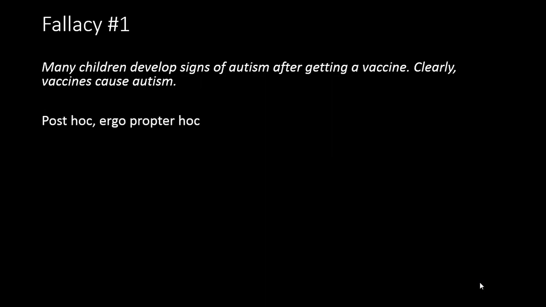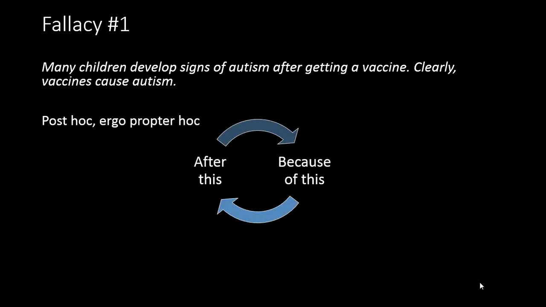In Latin, you call this a post hoc ergo propter hoc, which is a fancy way of saying after this, because of this. And that's not necessarily the case. Just because the two things are correlated or connected does not mean that the first one causes the second. It only means that the first one took place before the second.